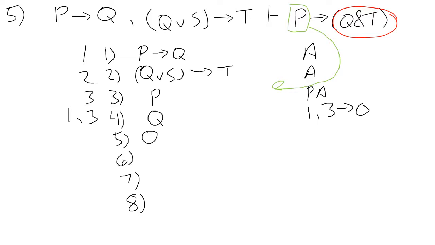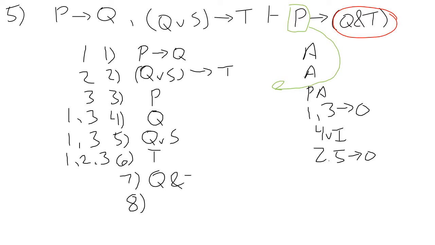So we'll do Q or S from 4, wedge in, 1 and 3. Then we can do T from 2 and 5, arrow out, 1, 2, and 3. Now I've got T, I've got Q, so I just need to put them together. So that's going to be 4 and 6, ampersand in.